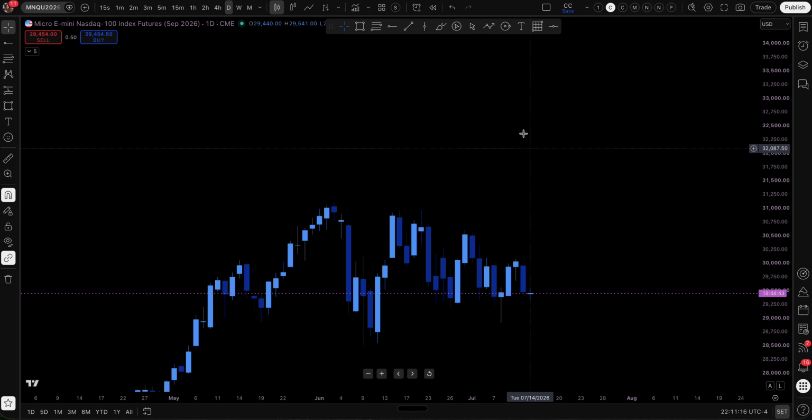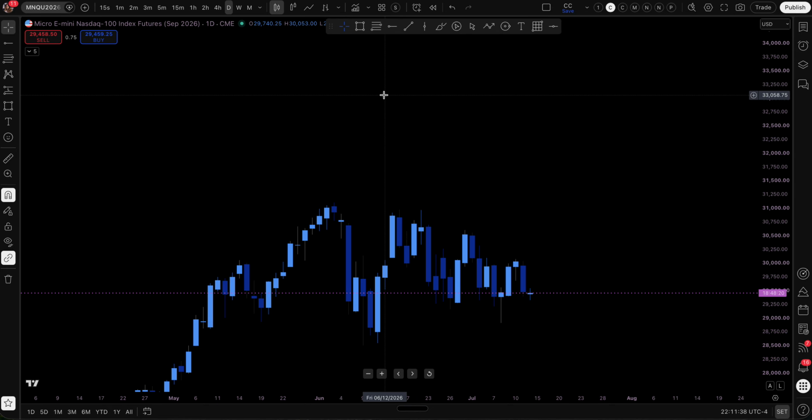A few ways to look at it initially is to first look at the first 20 days. If you follow ICT, which I do, you look at the first 20 days. You don't count a Sunday, and I wouldn't count this candle that's starting. 1, 2, 3, 4, 5, 6, 7, 8, 9, 10, 11, 12, 13, 14, 15, 16, 17, 18, 19, 20.